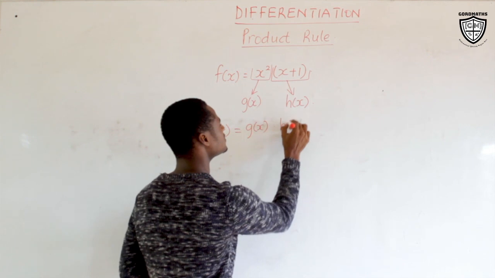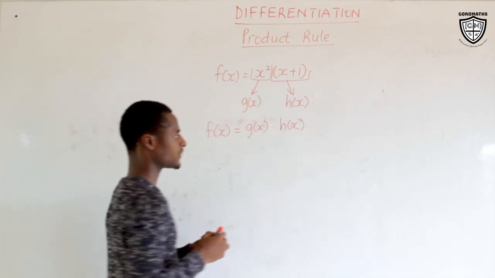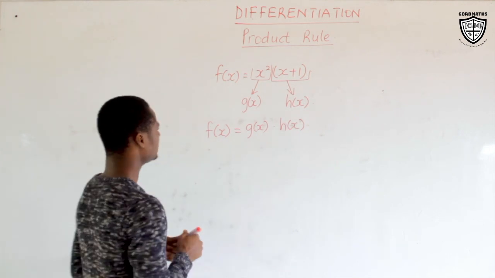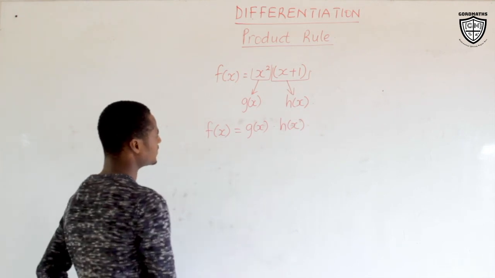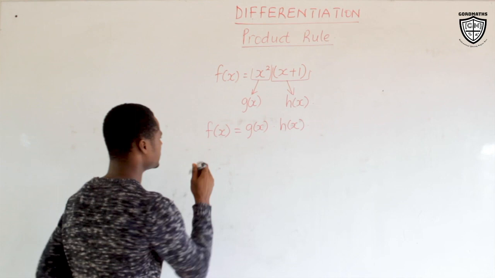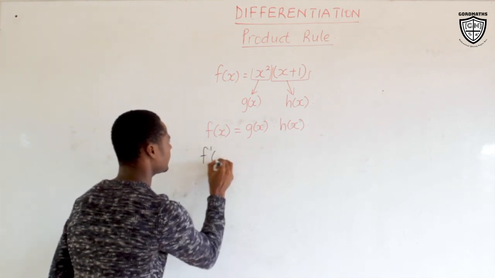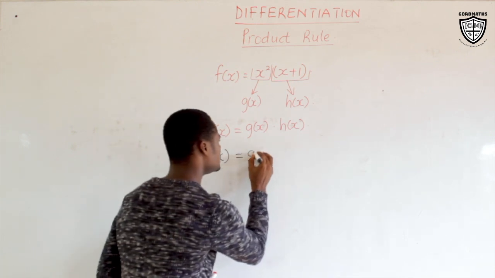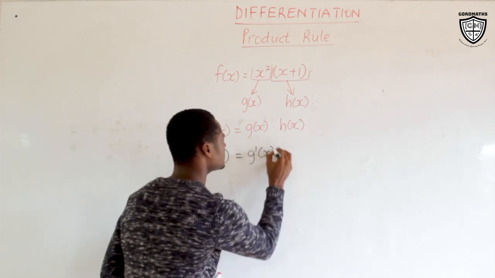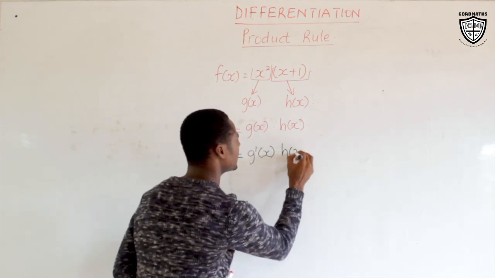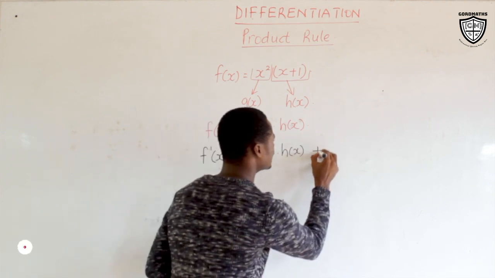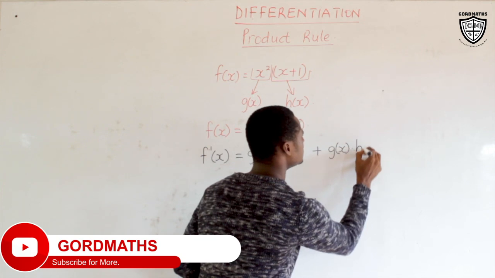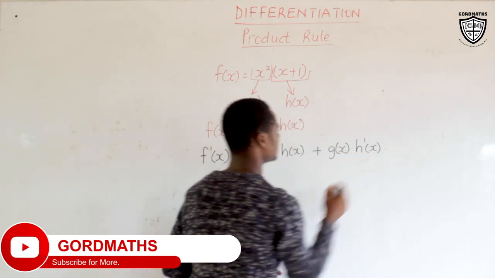times h of x. Now, if we have a function of this form, then the derivative of this function, which we will represent by f prime of x, is equal to g prime of x times h of x plus g of x times h prime of x.